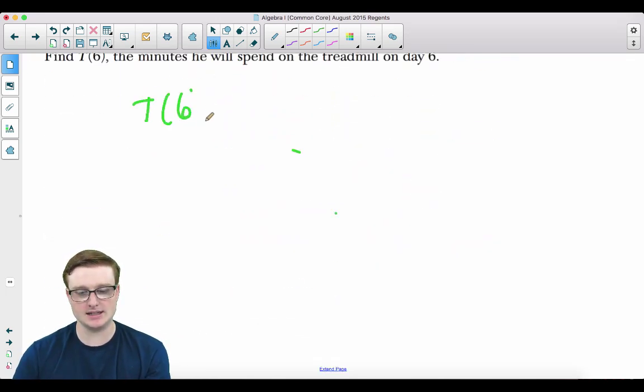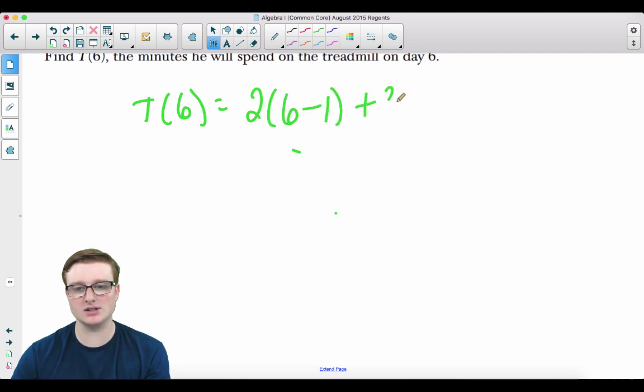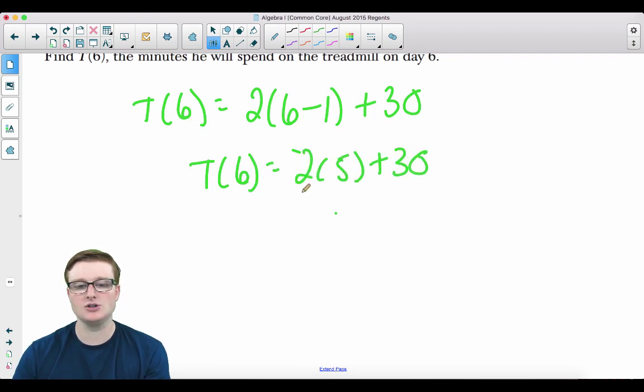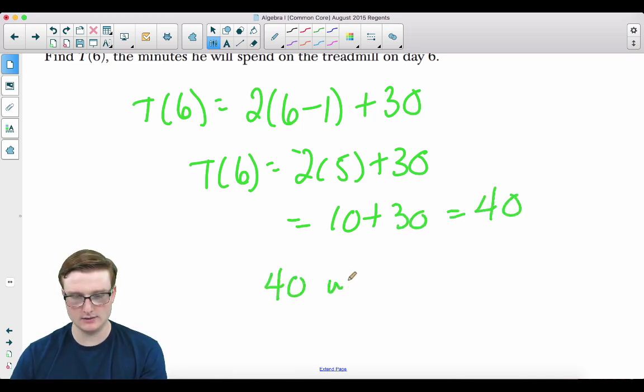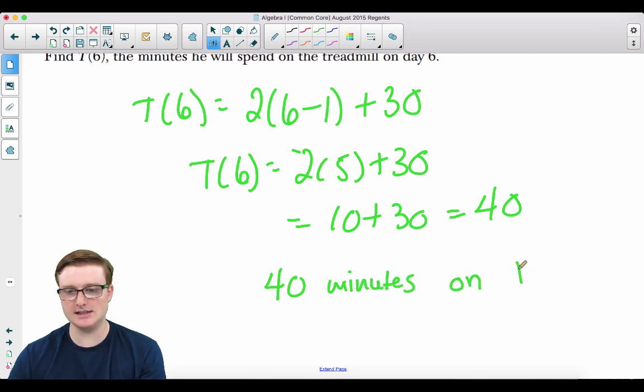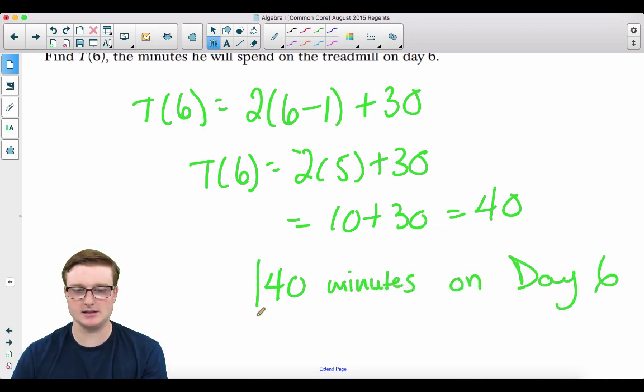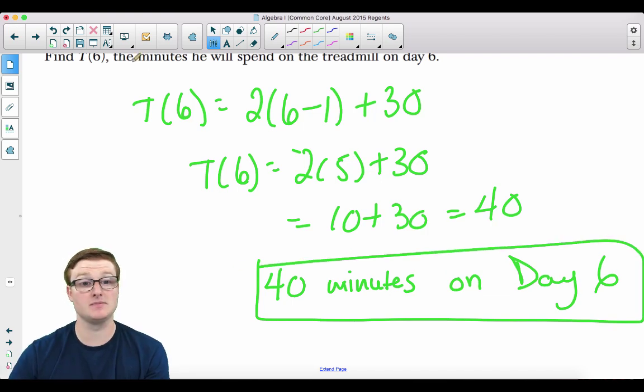So t of 6 is equal to 2 times 6 minus 1 plus 30. So t of 6 is equal to 2 times 5 plus 30. 2 times 5 is 10 plus 30. And that is equal to 40. So he ran 40 minutes on day 6. And that is your answer.